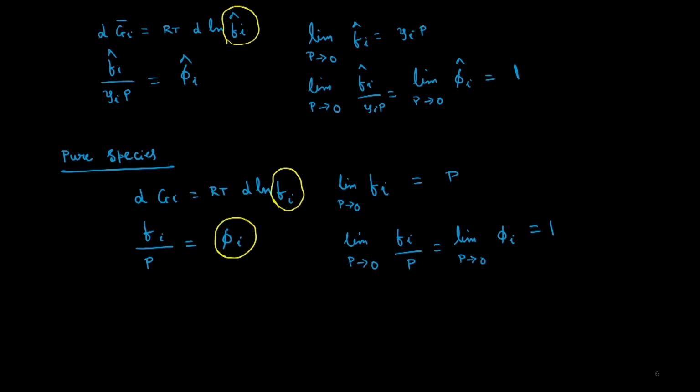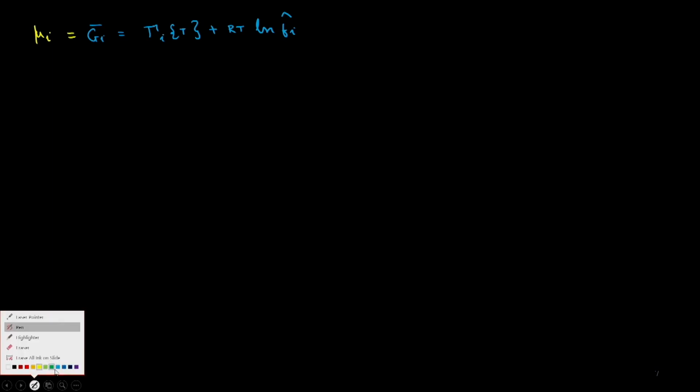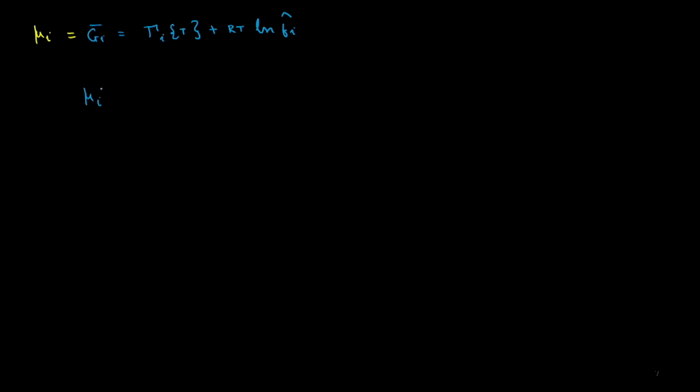In addition to this, what is the advantage of using fugacity for vapor-liquid equilibrium calculations? If we think about it, Gi bar is some constant plus RT ln Fi hat. And recall that Gi bar is the same as the chemical potential mu i. Now, if I write these equations for the vapor and the liquid phases, then mu i in the vapor phase is gamma i, which is a function only of temperature.